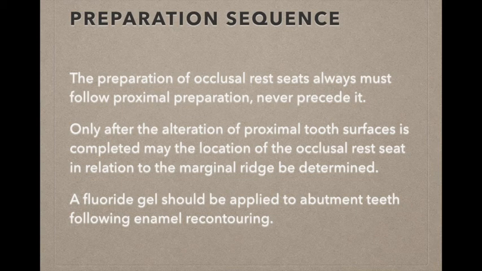The reason is that when you change the proximal tooth surface after you prep the guiding plane, the location of the occlusal rest seat will change. So if you do your occlusal rest seat first and then create the guiding plane, your occlusal rest seat dimension will actually be smaller than what you need.